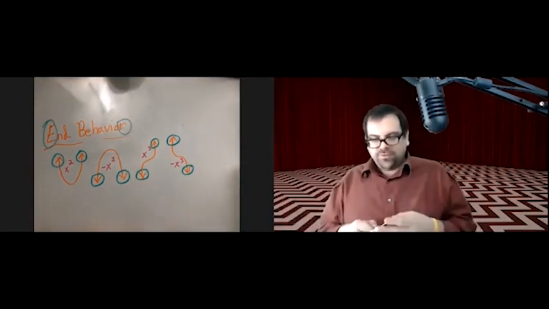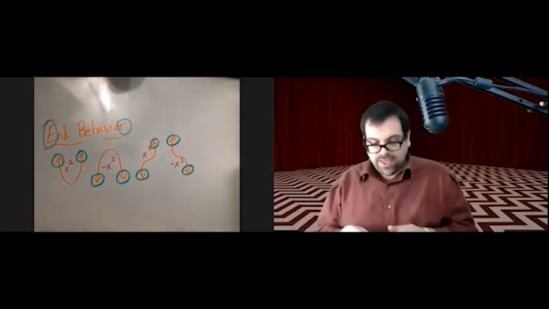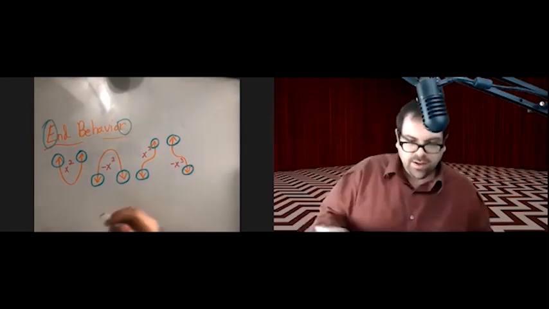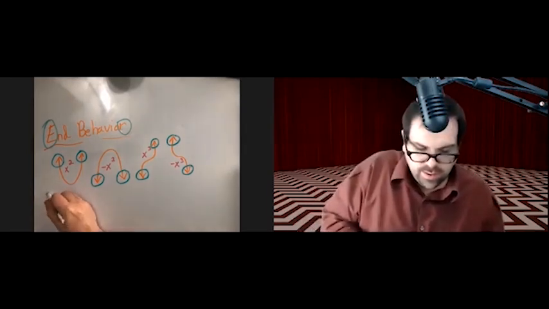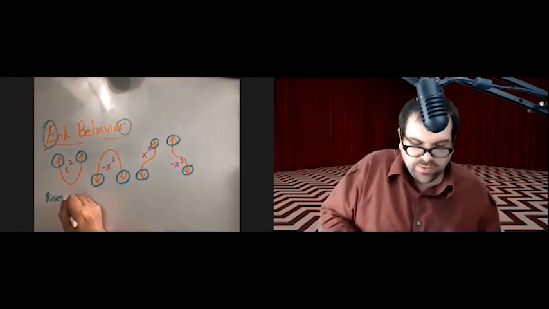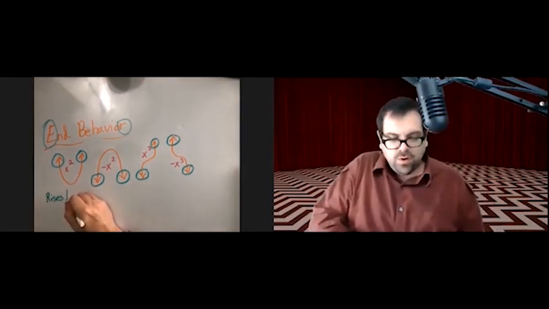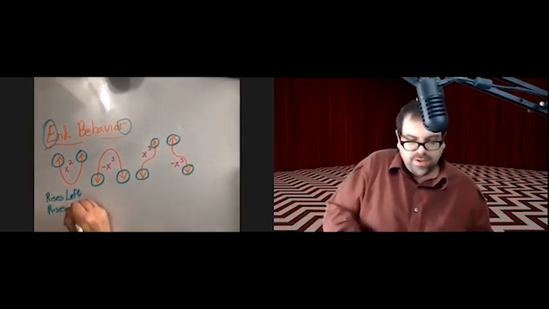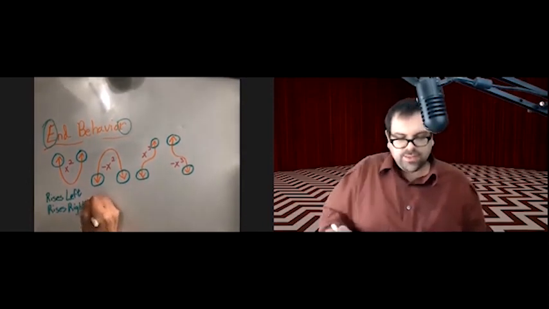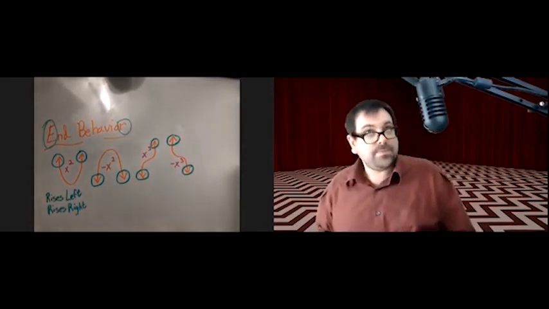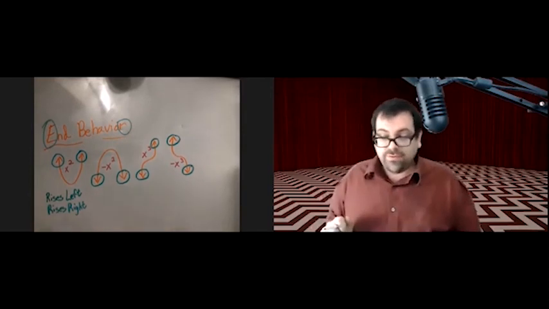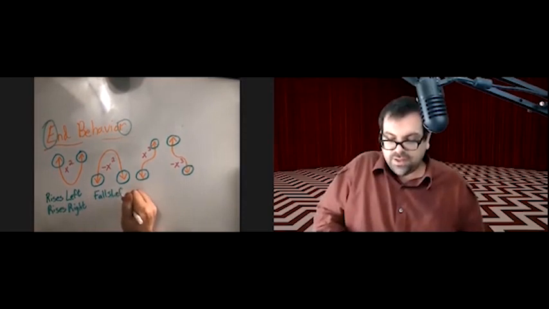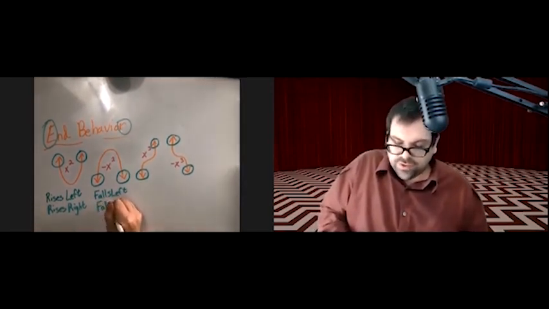So there's some different ways we can describe the end behavior, but the easiest is just to say rises and falls. So x squared rises left and rises right. Negative x squared falls left and falls right.